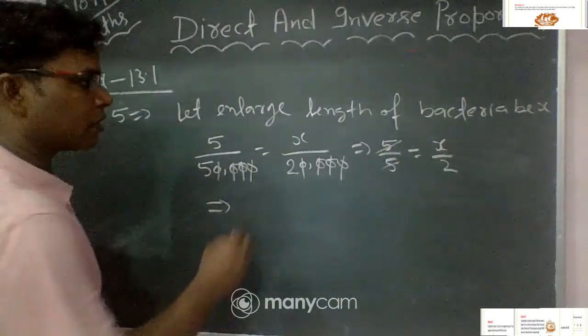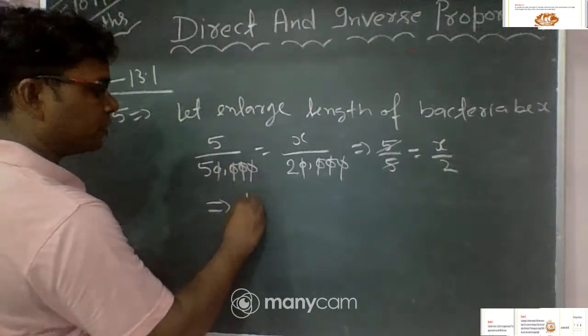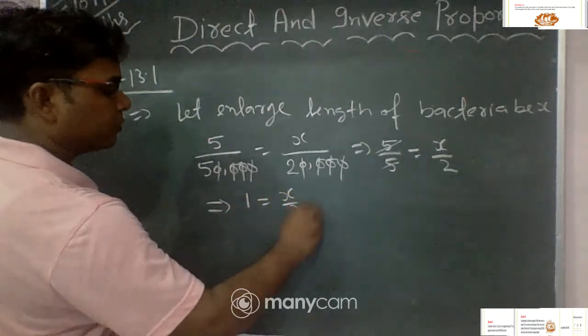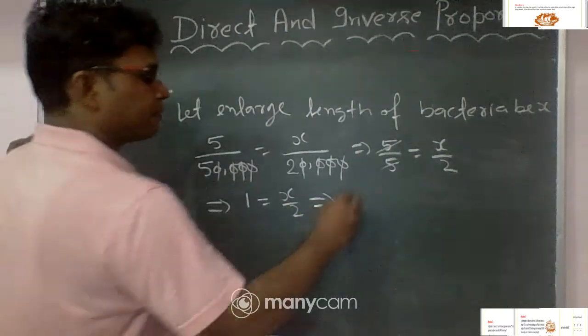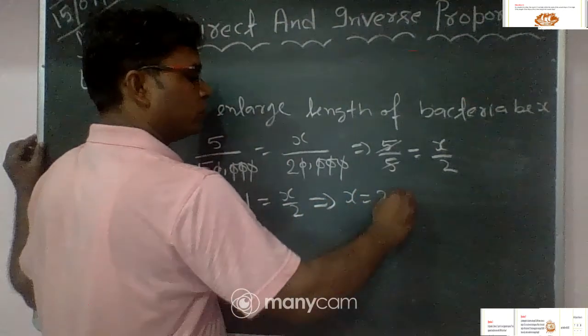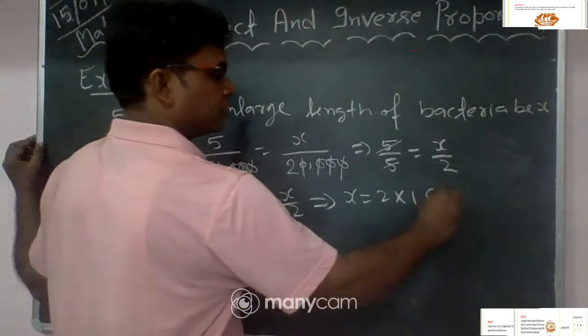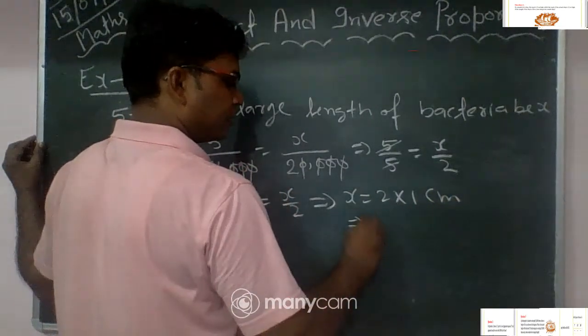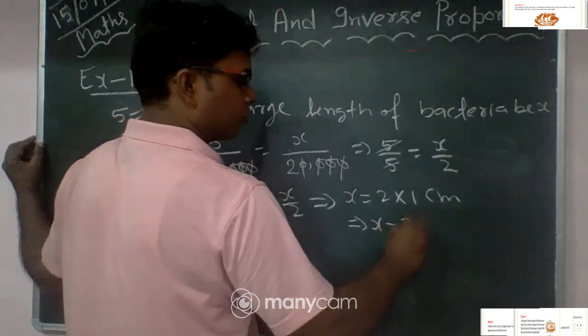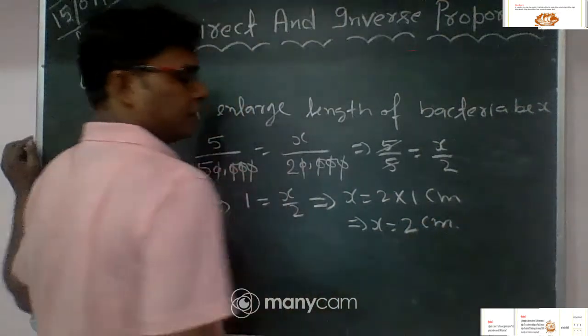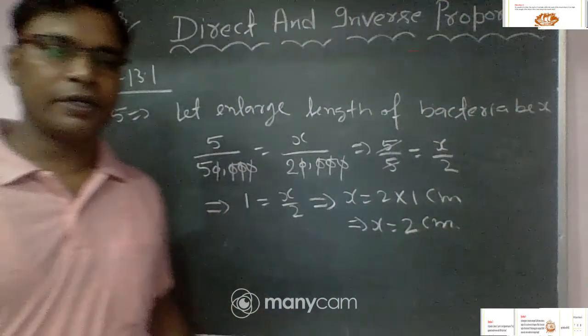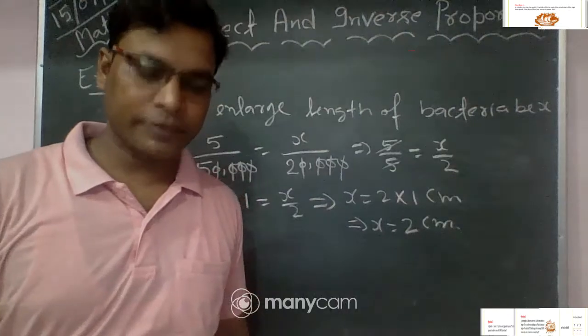We obtain here 1 is equal to x by 2, or you can write x is equal to 2 into 1 centimeter. This implies that x is equal to 2 centimeters. Clear?